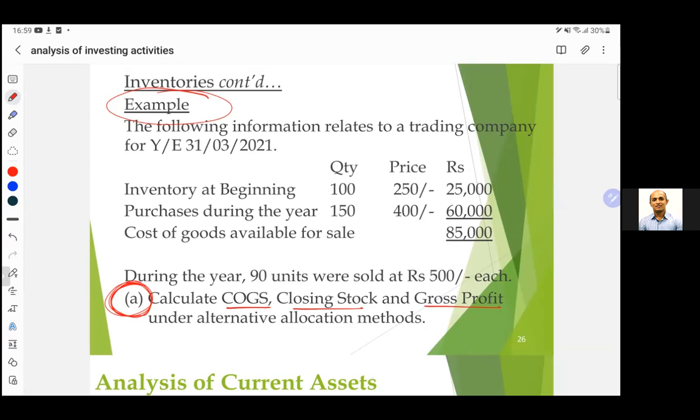The alternative methods are FIFO, LIFO, and weighted average cost.